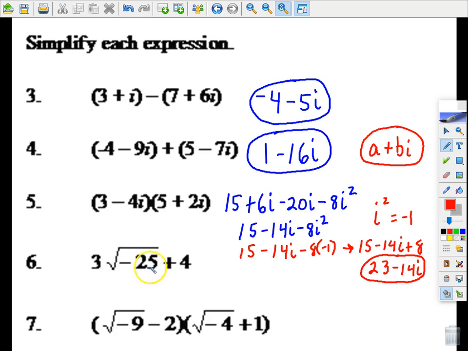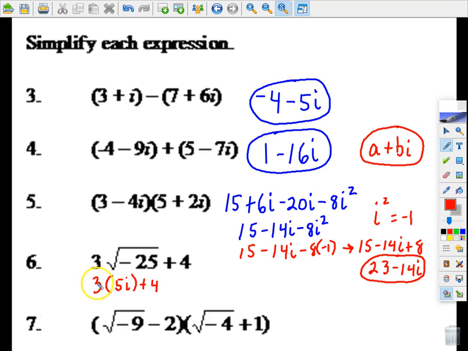Number 6, I need to simplify the square root of negative 25 first, and that could be written as 5i. Okay, so I just took this original problem and rewrote the square root of negative 25 as 5i. Now I can multiply.